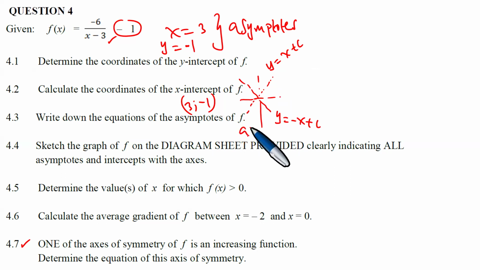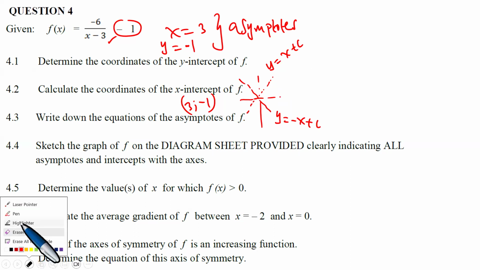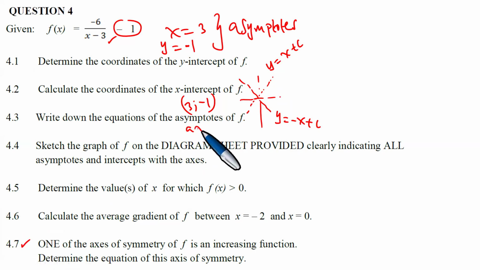Both of these are what you call the axes of symmetry. So you just have to choose one of them, the one with the positive slope.